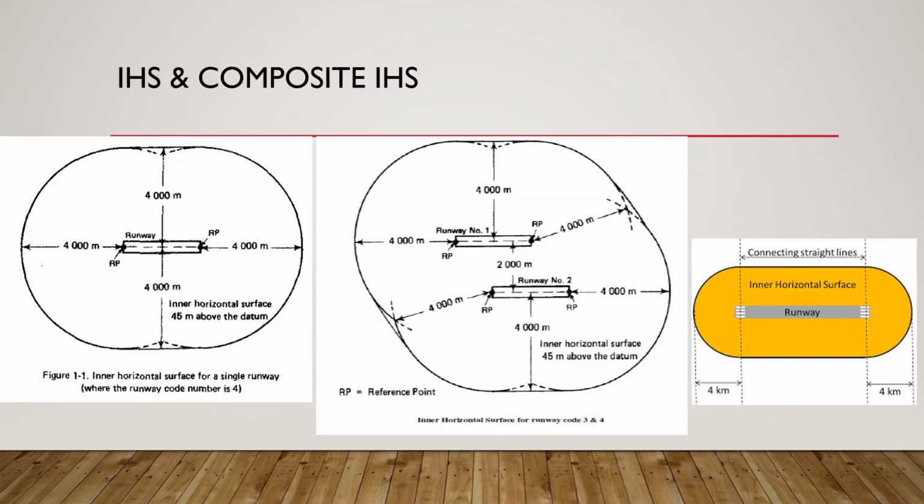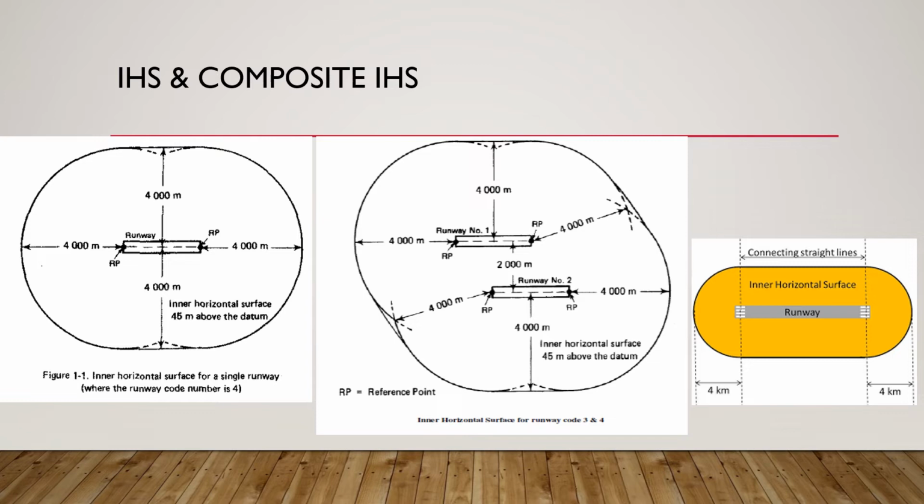In the previous slide, we came to know the restriction of height and the distance at which the inner horizontal surface is designed. This slide will give you an understanding of how the imaginary IHS, or the inner horizontal surface, is basically designed. For a single runway, there would be 2 reference points at the extremities.